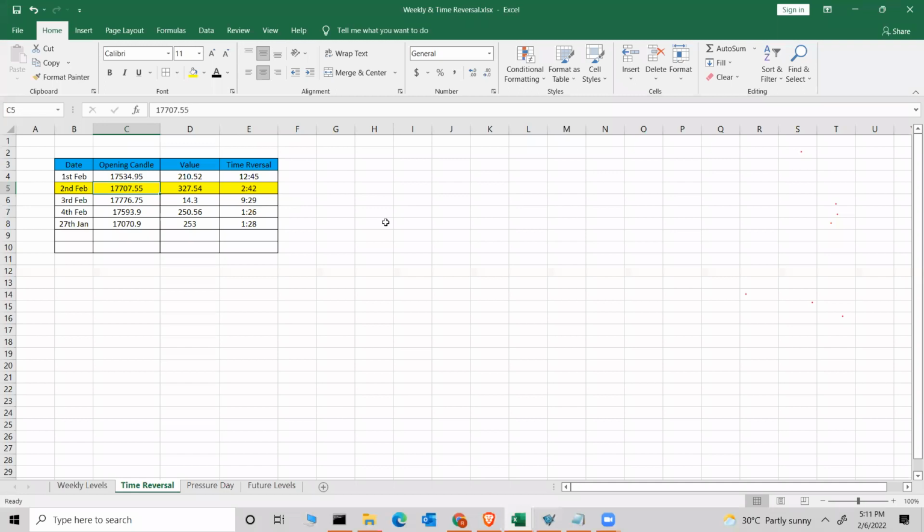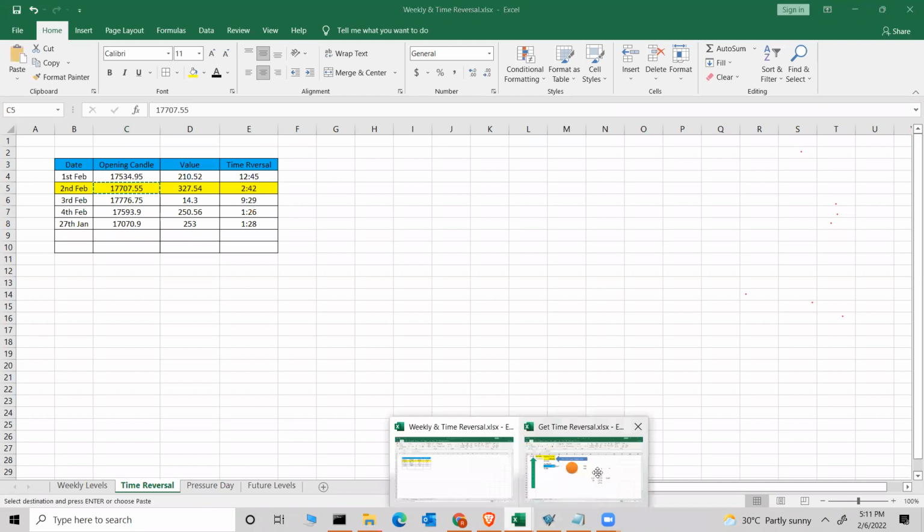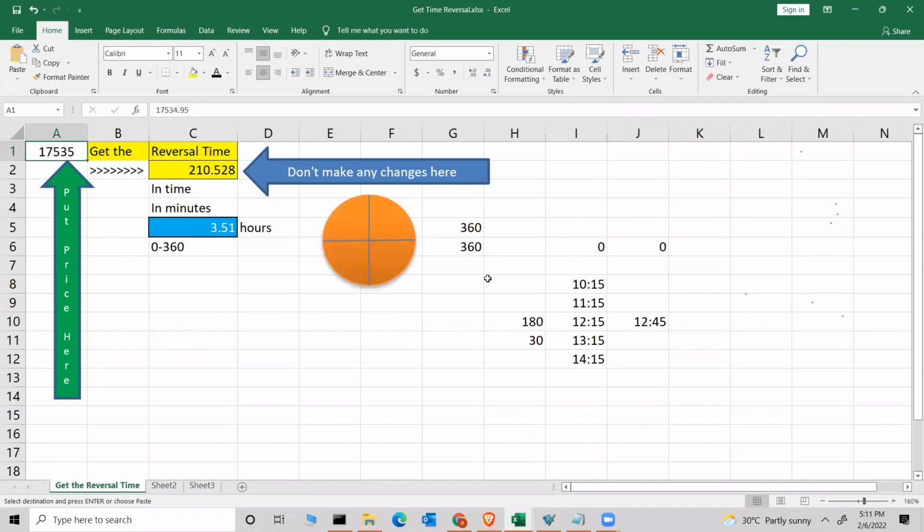On 2nd Feb, our opening value is 17707.55. Okay, so let me copy this. I go back to my sheet and I'm pasting the value. So what is the reversal time I'm getting here? 3 hours, 27 minutes. 3 hours from 10:15 is 1 hour, 2 hour, 3 hour, 4 hour, 5 hours.